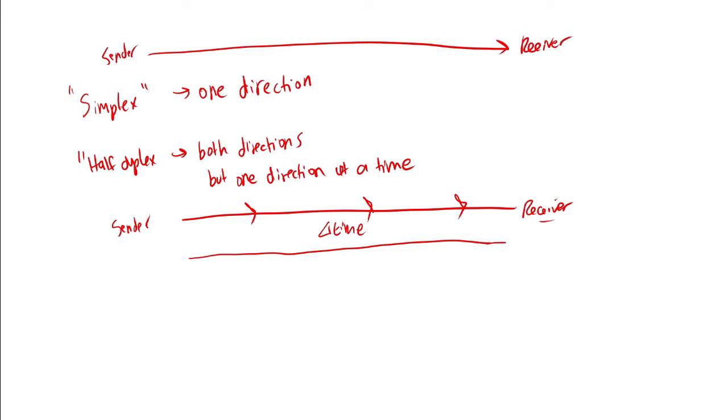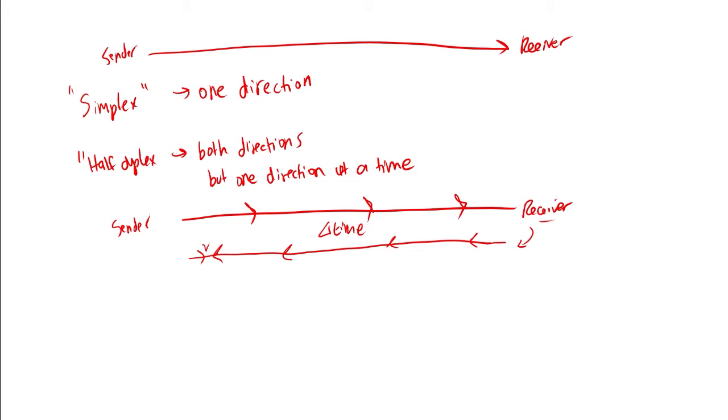So now the sender's quiet, doesn't hear anything, he can send the signal back. We can't both send at the same time because then we have collisions. So if this guy's sending and this guy's sending, we get a collision and nobody gets anything.